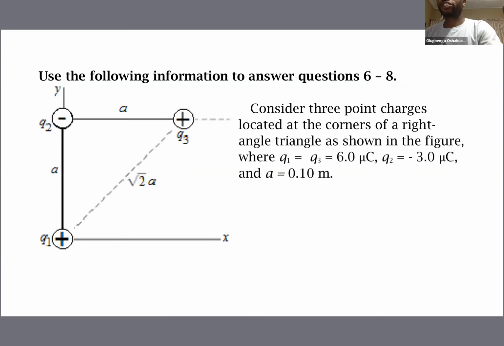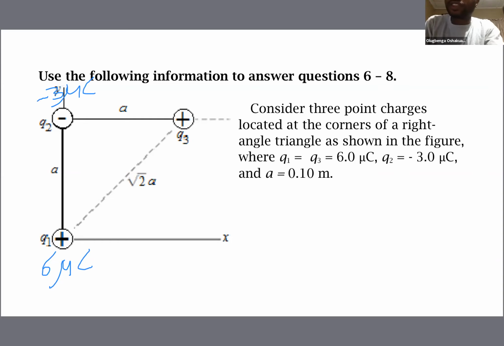Consider 3 point charges located at the corners of the right angle triangle as shown in the figure. Q1 equal to Q3. So Q1 is 6 microcoulomb. Q2 is minus 3 microcoulomb.